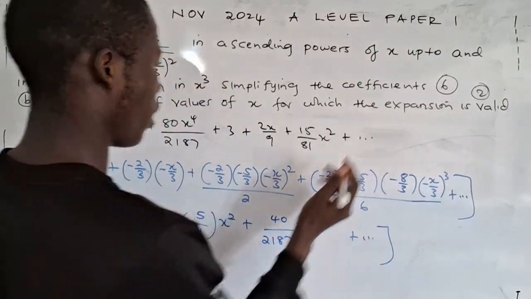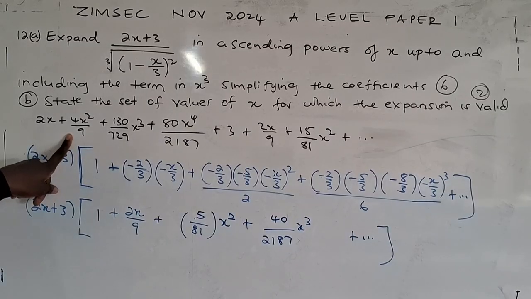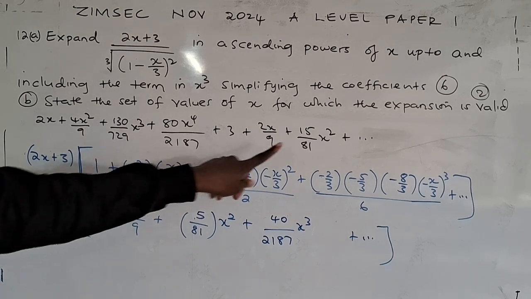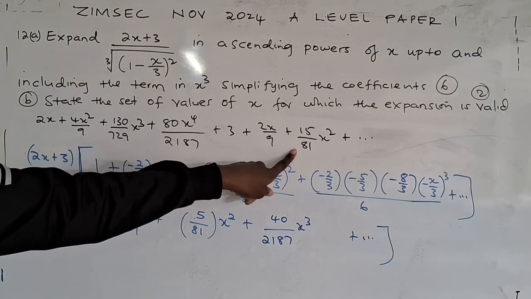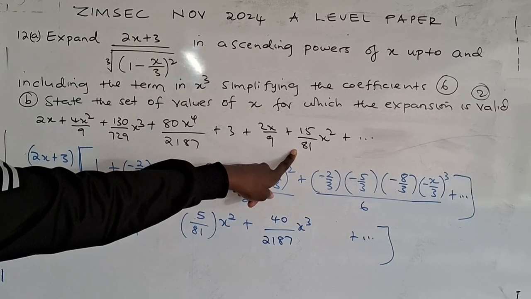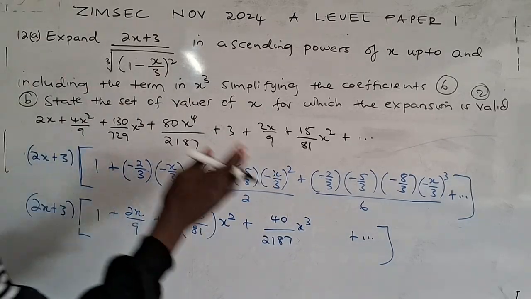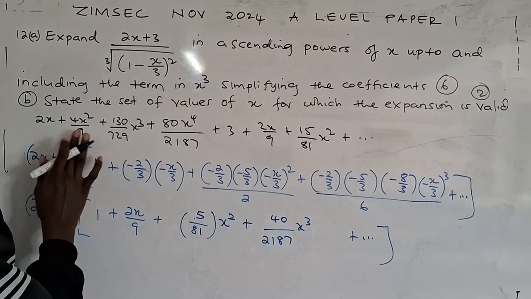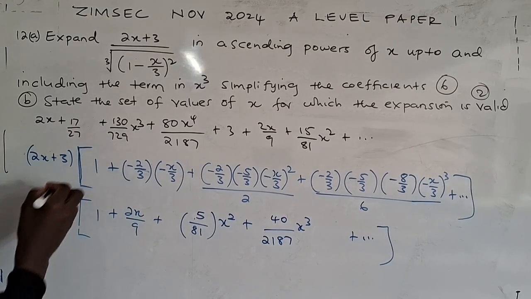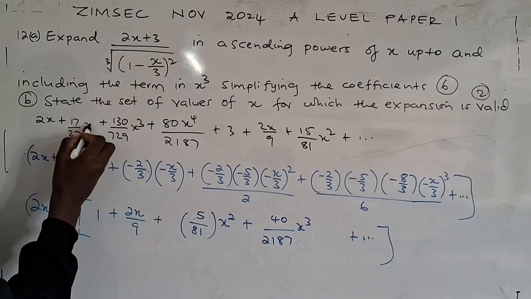Okay. Now I have x squared. 4 over 9 plus 15 over 81. What is the answer? 17 over 27. So here I have 17 over 27, x squared.